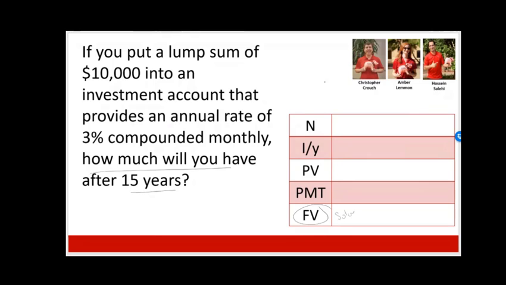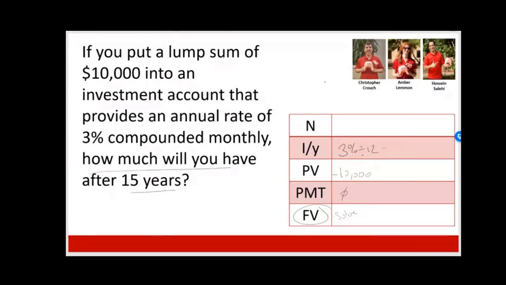Okay, so payment should be 0. There's just compounding interest. Principal value is the initial investment of $10,000, so that would be negative $10,000. Interest rate would be 3% divided by 12 because it's monthly. Perfect.